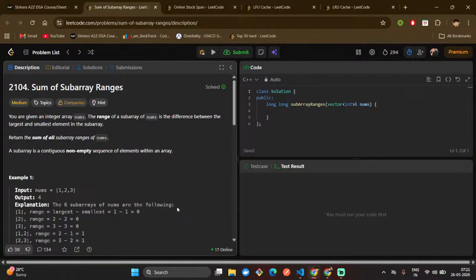If we take the subarray sum of maximum and the subarray sum of minimum, we can subtract them and the result is the same. How many contributions does this give?